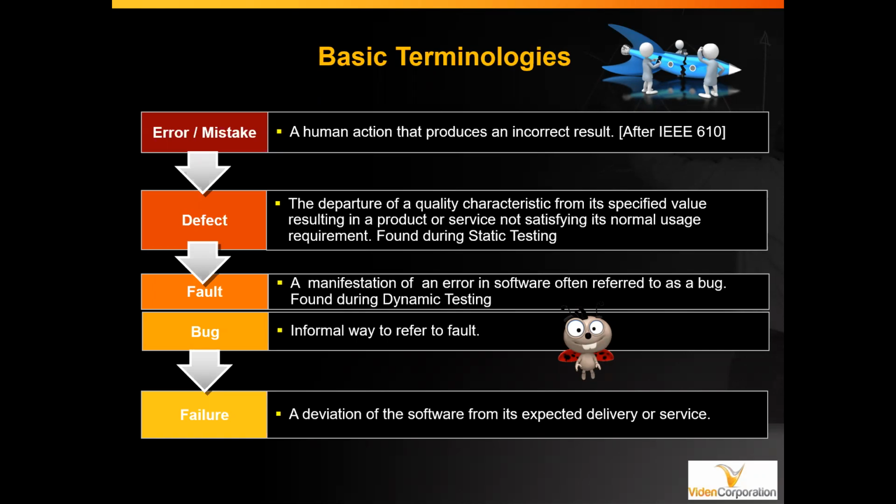Static means a non-moving thing. Is that what it is? Very true. Something that is not moving is static. What about dynamic? Something that's in motion. Yeah, the opposite of static, right?